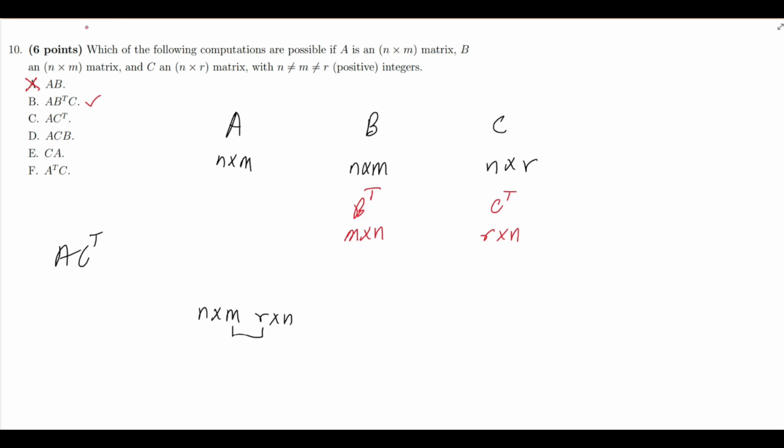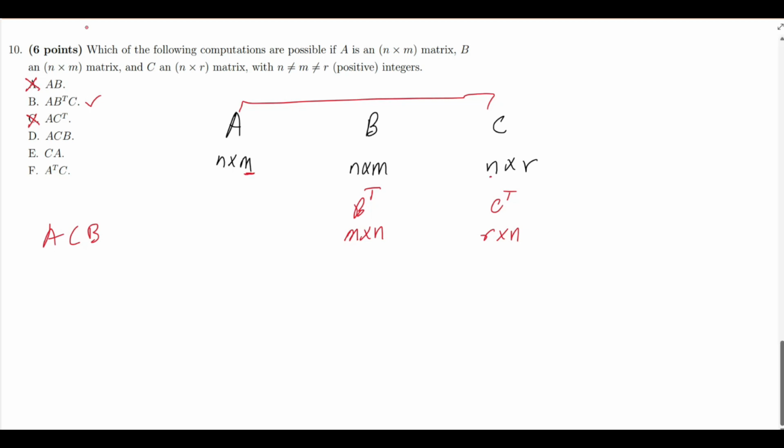And D says A with C with B. We already saw that A and C are not compatible, because we have m here and n here. So just these two are not compatible, and everything will not be compatible.